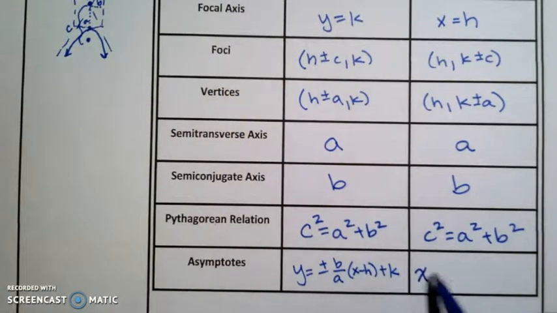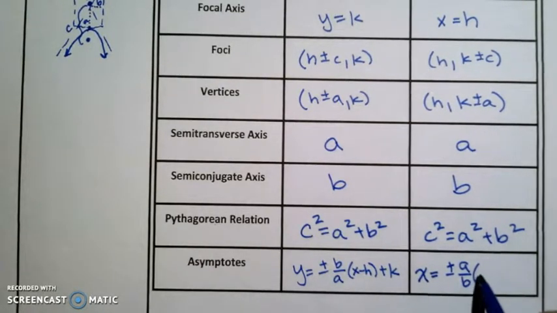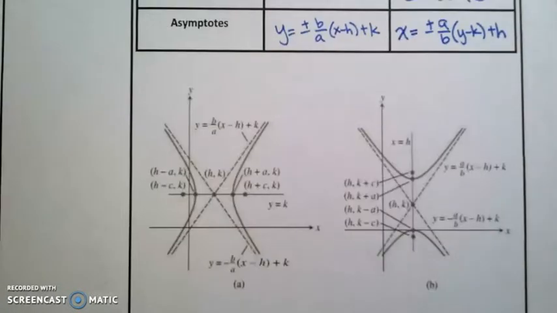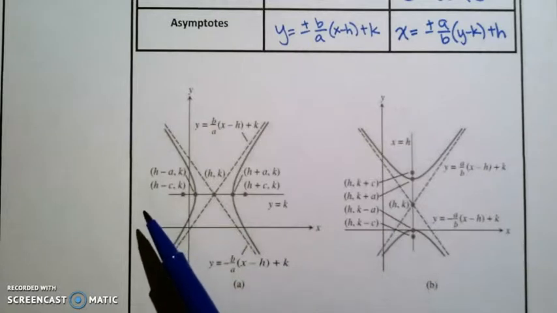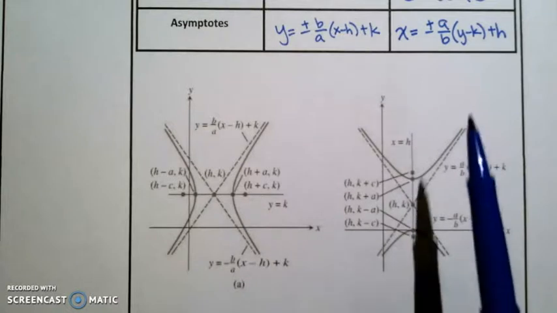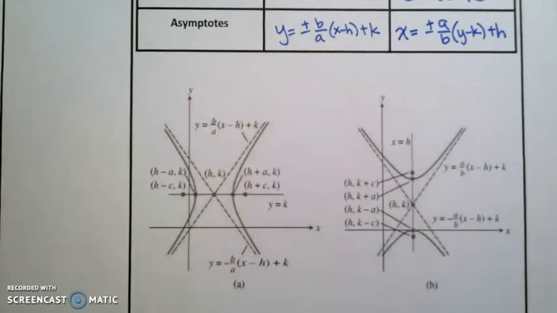And then we have x equals plus or minus a over b times (y minus k) plus h. Below the table, we have our diagrams, for whether our semi-transverse axis is horizontal versus vertical. All right, so let's look at what we can do with it.